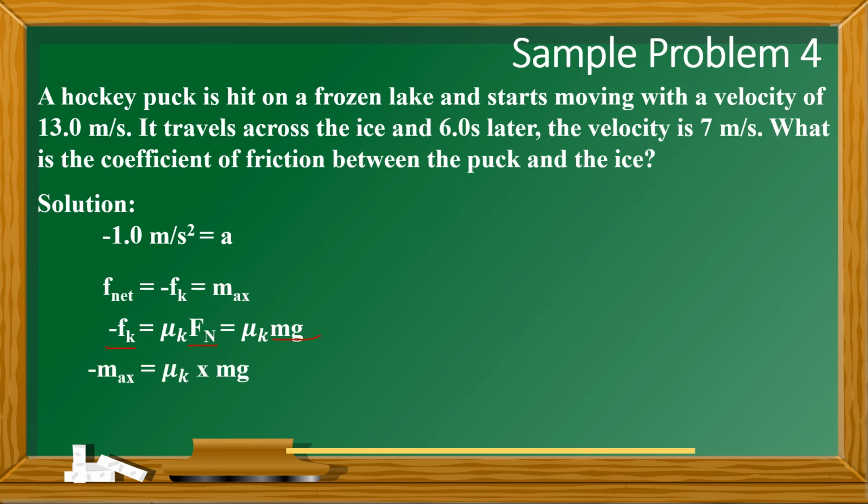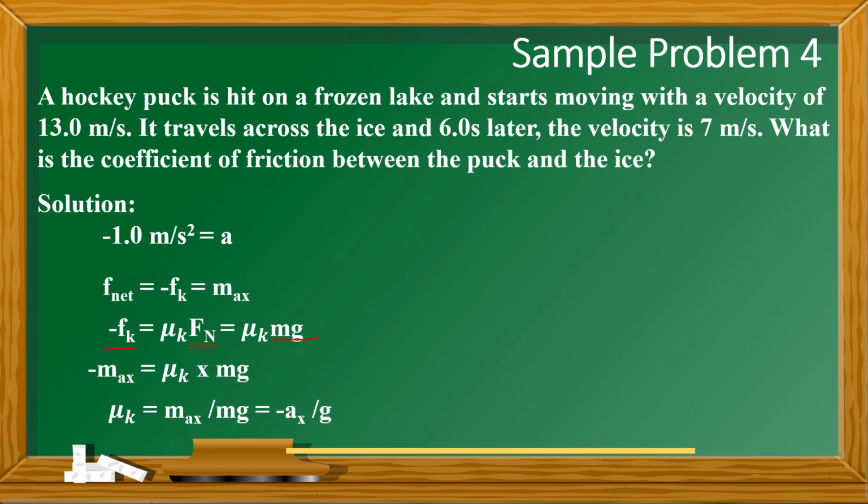Since the horizontal motion is equal to the negative kinetic friction, we can say that mu k times mass times gravity is equal. Therefore, we can use the equation mu k is equal to the horizontal motion divided by mass times gravity, or acceleration in the horizontal motion over gravity.